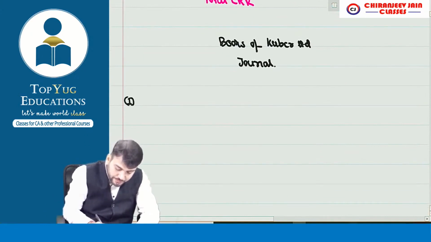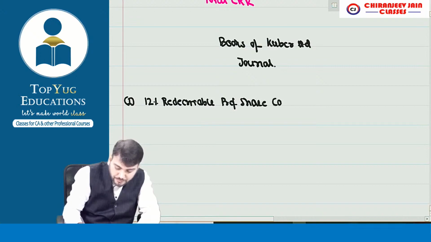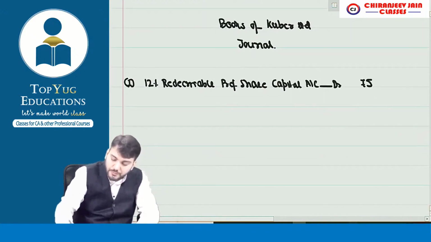First journal entry. 12% redeemable preference share capital account debit 75 crore.